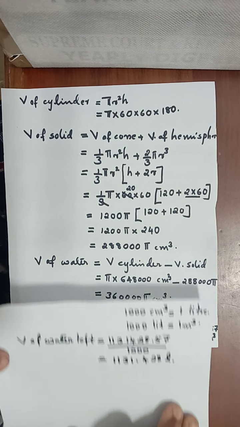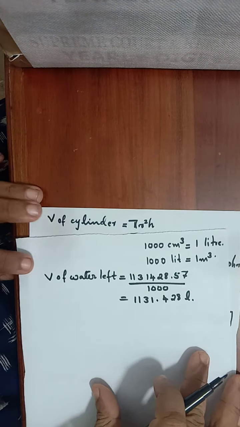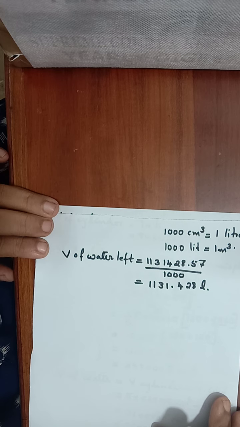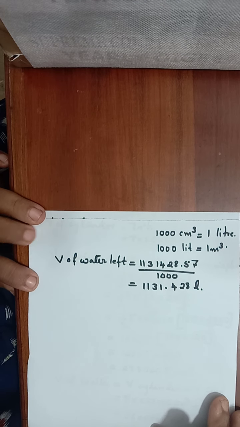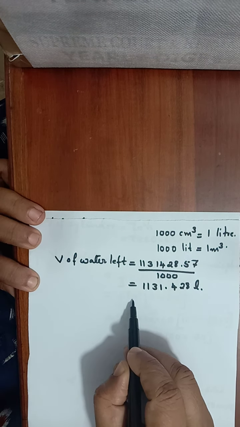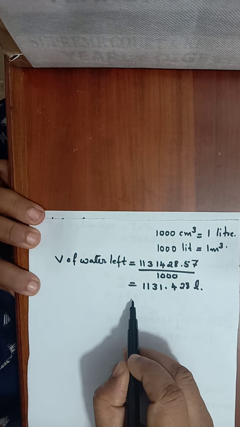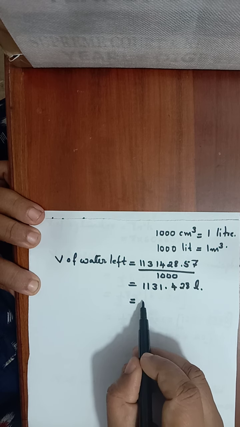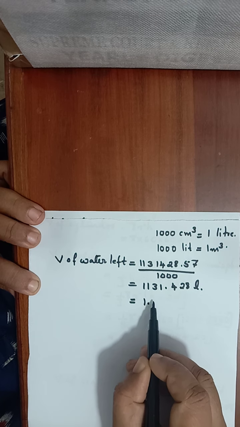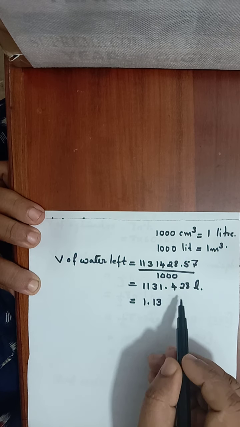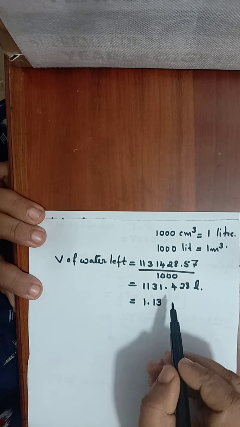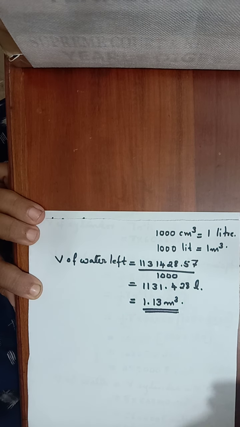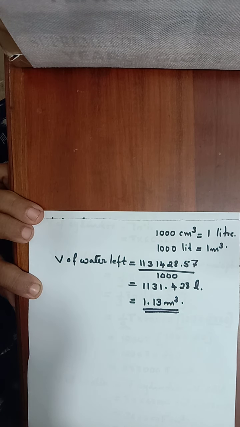We will take 2 or 3 decimal places. Now I am going to convert liters by dividing by 1000 again, since 1000 liters equal 1 meter cube. When you divide by 1000 it will come as 1.13. The rest of the numbers you can leave. So 1.13 meter cube. Hope you understood. Do the calculation at the right side.